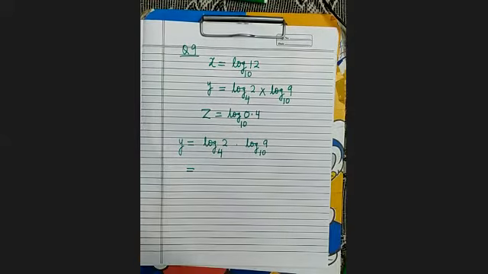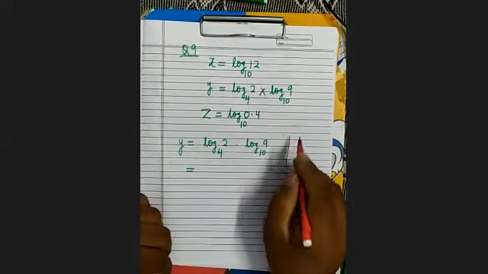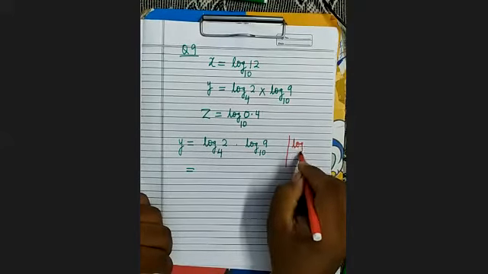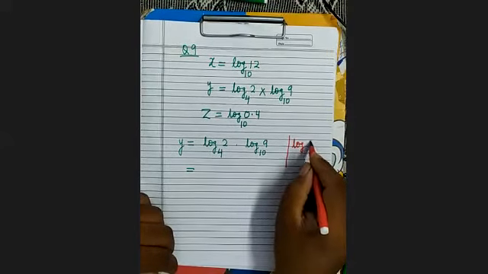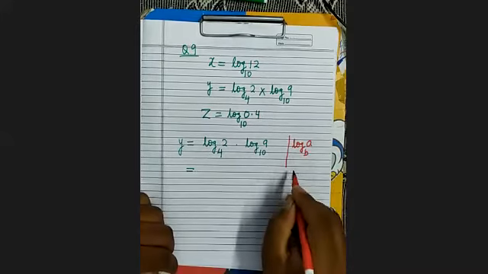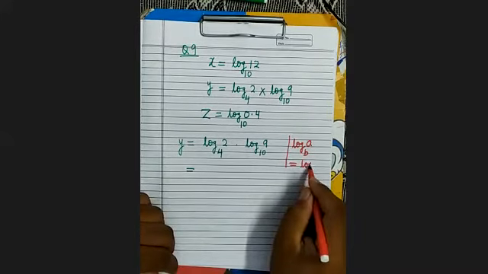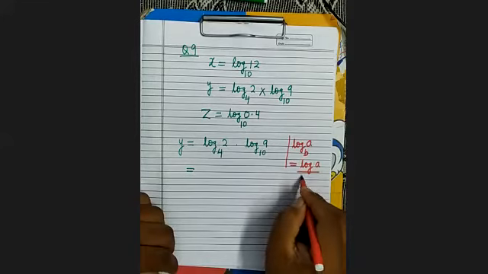When you change this, what will you write? There is a rule you have studied: log a to the base b equals log a upon log b.